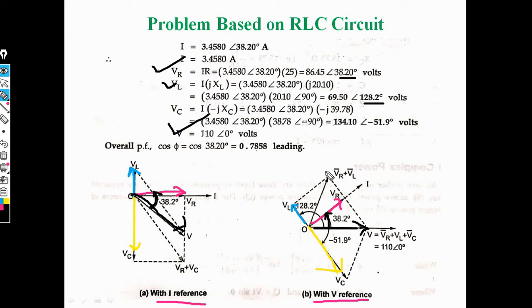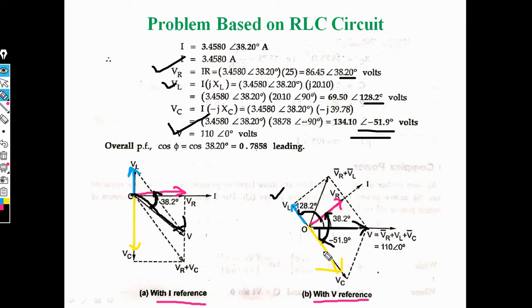So for VL, VL is here. With respect to voltage, for VL the angle is 128.2, and for VC the angle is minus 51.9. That angle is here, for VC minus 51.9.